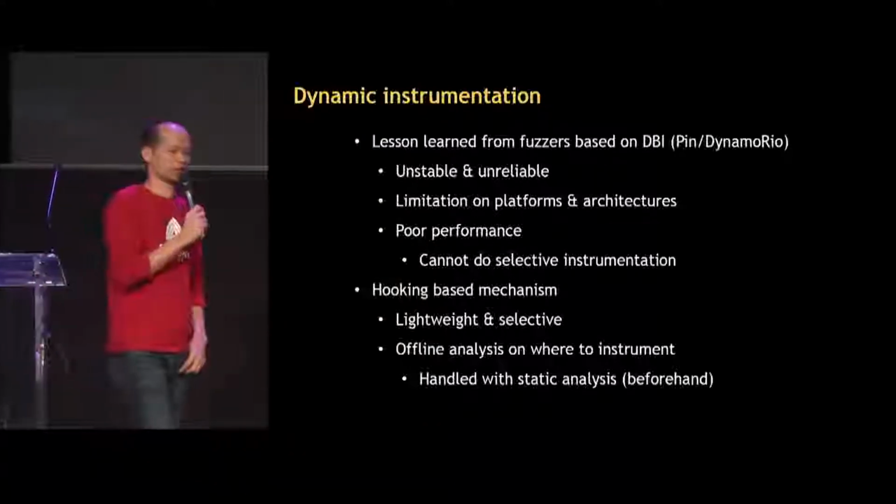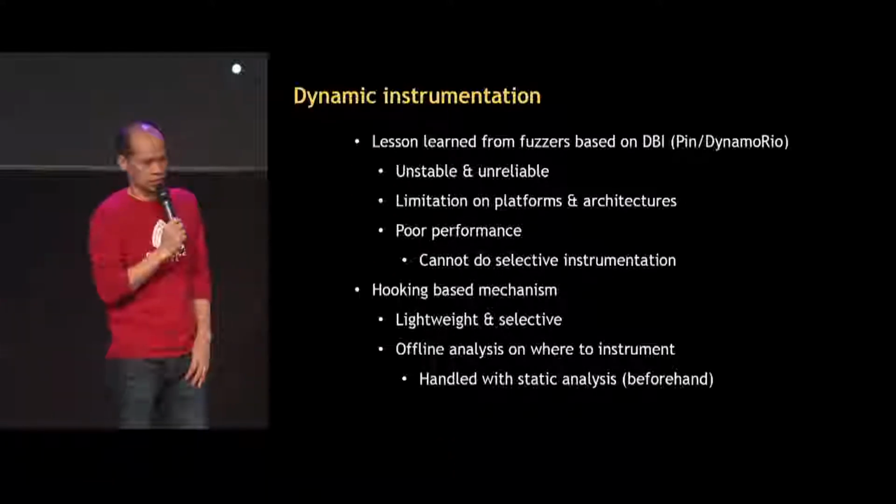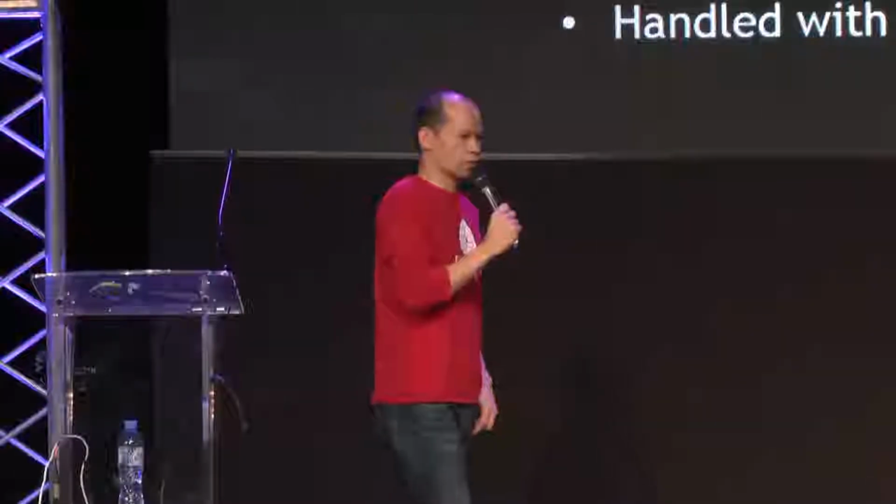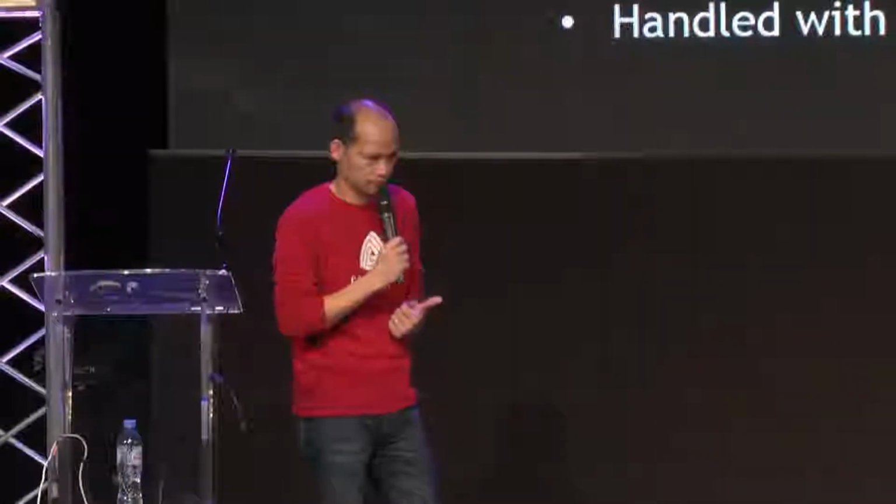There are many limitations on platforms and architectures. If you want to make these DBIs work on other architectures like ARM, ARM64, MIPS, PowerPC, SPARC, and so on, I think there's very little hope, right? And performance is poor. DynamoRIO, as I said before, is the best in terms of performance, but it still slows your program down 15 to 20 times. So we want to have something better.